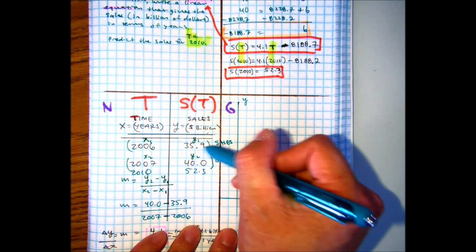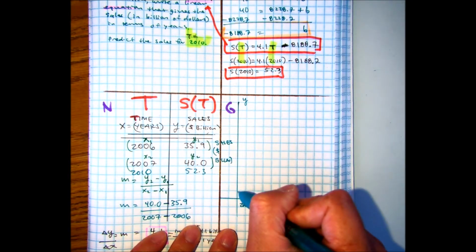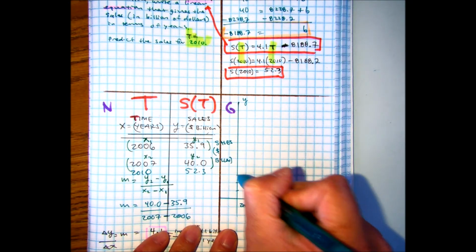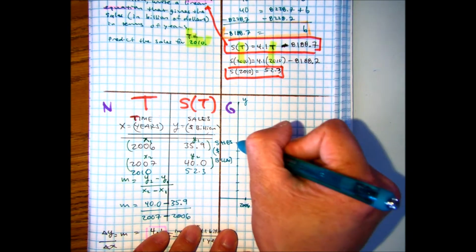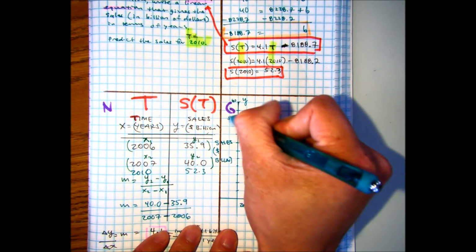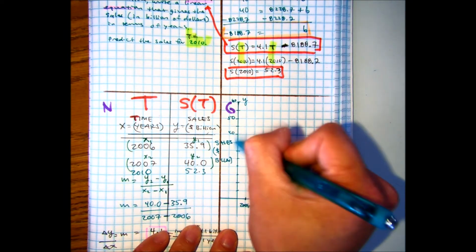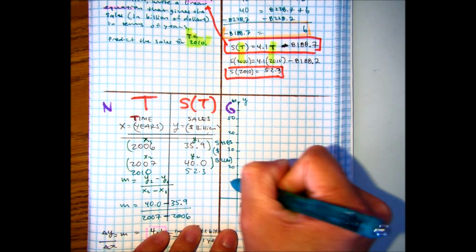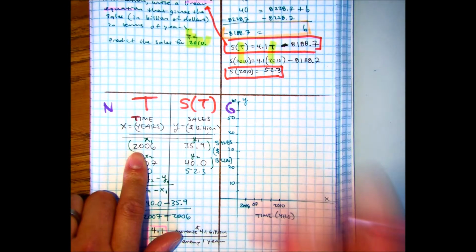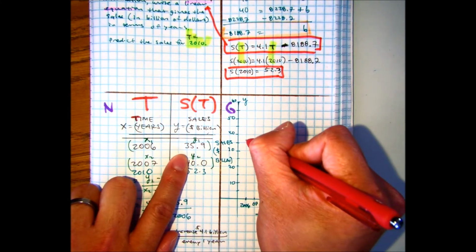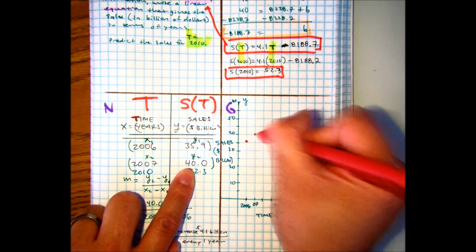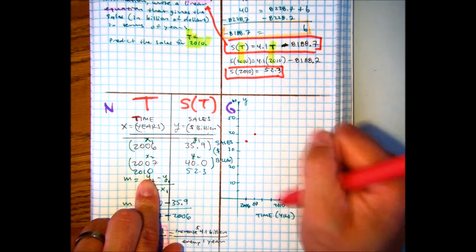And then we started at $35 billion. So let's see if I have enough. 5, 10, 15, 20, 25, 30, 35, 40, 45, 50, 55, 60. So each of my boxes is 5. So I have 2006, 35.9. 2007, 40. 2010, 52.3.